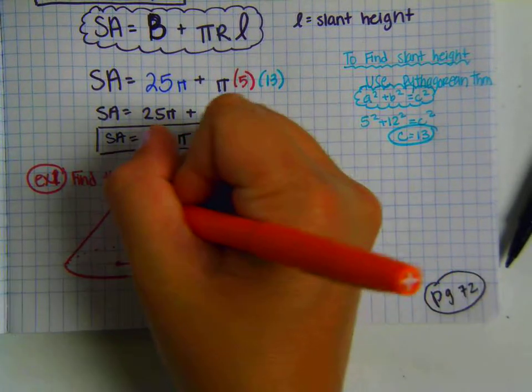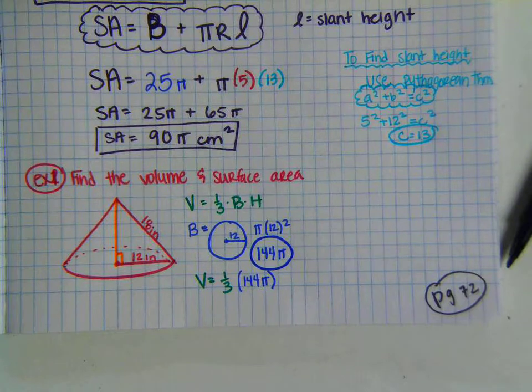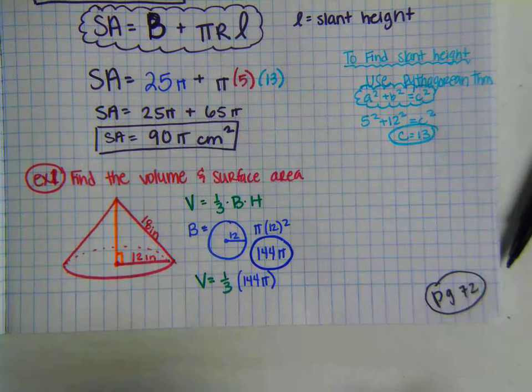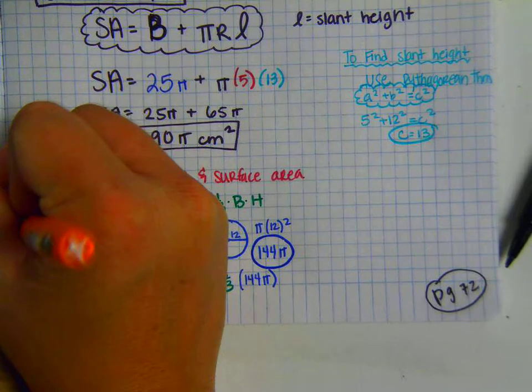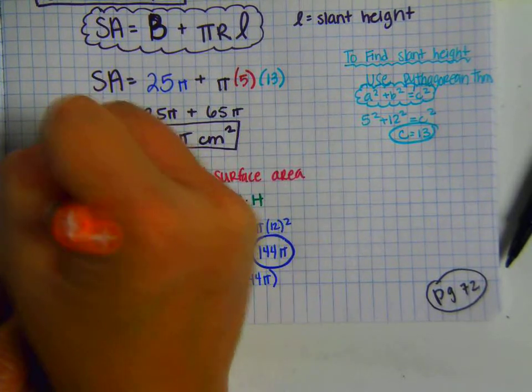I need to drop this height here, and I need to find that h by doing Pythagorean theorem. So this time, instead of doing Pythagorean theorem to find our slant height, we have to do Pythagorean theorem to find this height. So that would be height squared plus 12 squared equals 18 squared.